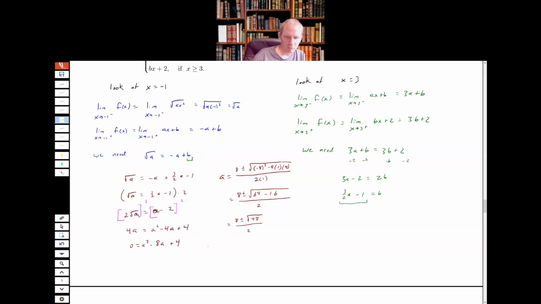So 48 is like a 16 times 3. Write this maybe off to the side. So if I take the square root of 48, that's the square root of 16 times the square root of 3, and the square root of 16 is 4. So the square root of 48 is 4 root 3.